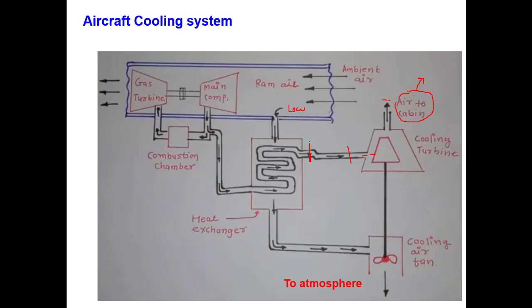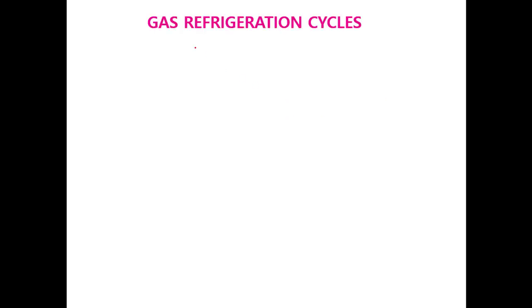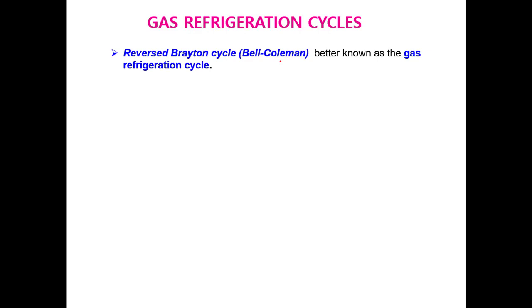So basically four processes take place in the aircraft cooling system. Now how to convert that refrigeration system into a TS diagram or theoretical background? That cycle that deals with the gas refrigeration system is called the reverse Brayton cycle. It is also called the Bell-Coleman cycle, which is the cycle on which the gas refrigeration cycle is based.